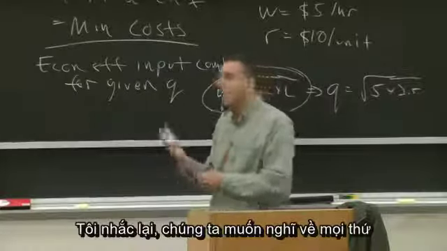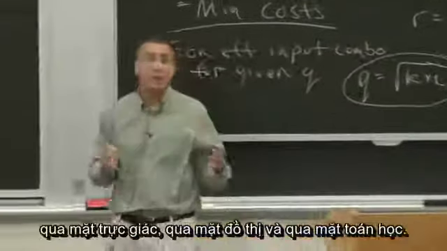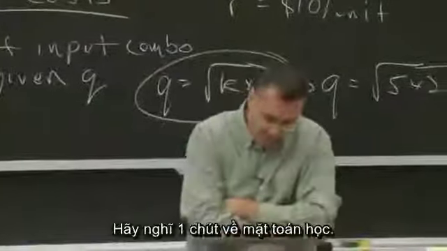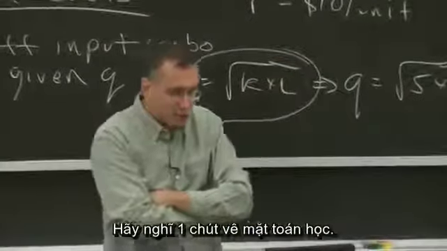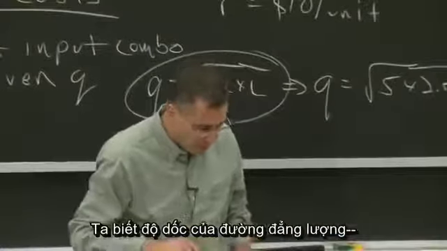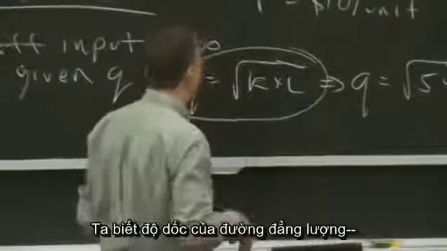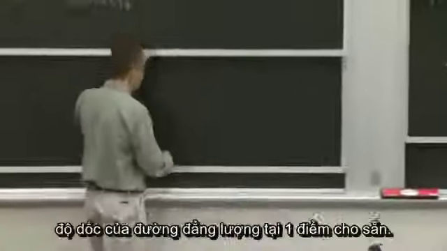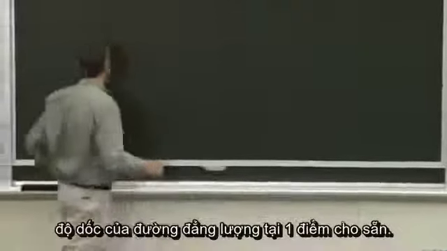Now, as always, we want to think about things intuitively, graphically, and mathematically. Let's think for a second about the mathematics. We talked last time about the slope of the isoquant at any given point.